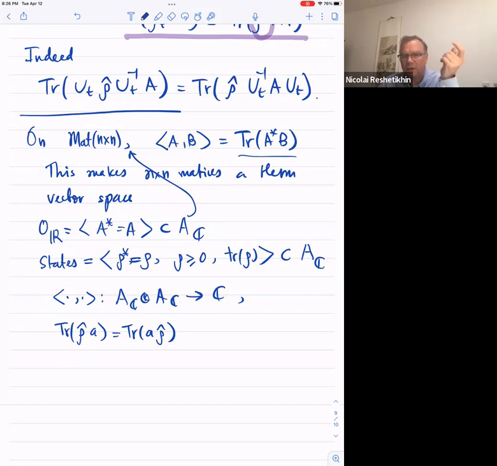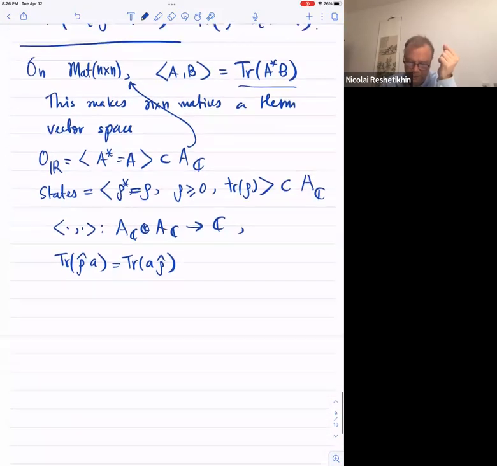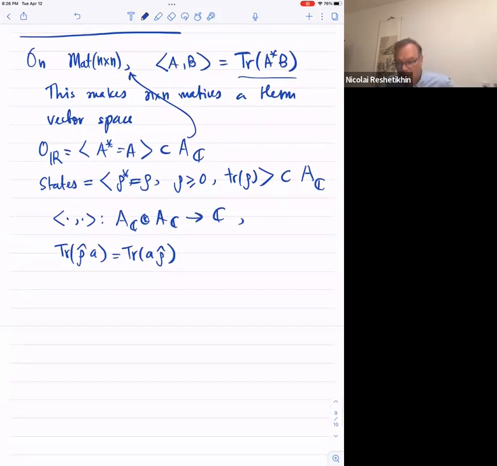Yeah, that's what I meant. So philosophically, yes, they live in different spaces, but as soon as we start to talk about traces and not states, but the density matrices of states, we made an identification of them as vector spaces. But the physical meaning is different.